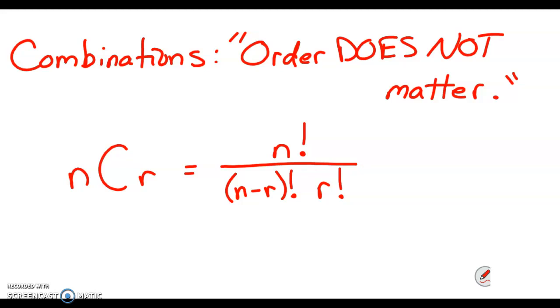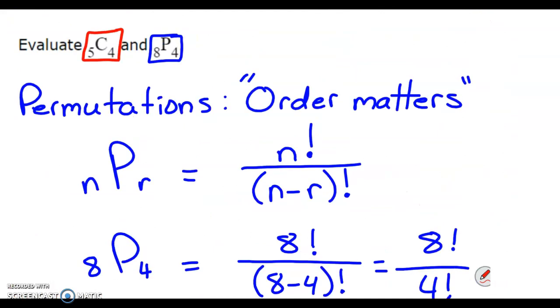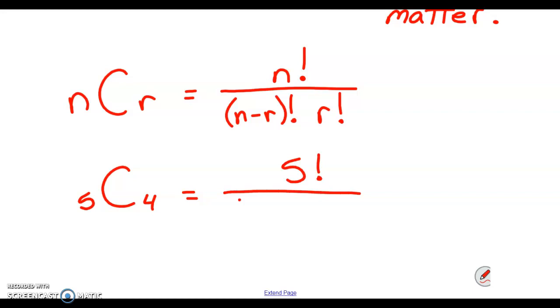That's right. I looked it up. Okay. So from here, when you've got 5 choose 4, 5C4, you're going to have 5 factorial over 5 minus 4 factorial times 4 factorial.